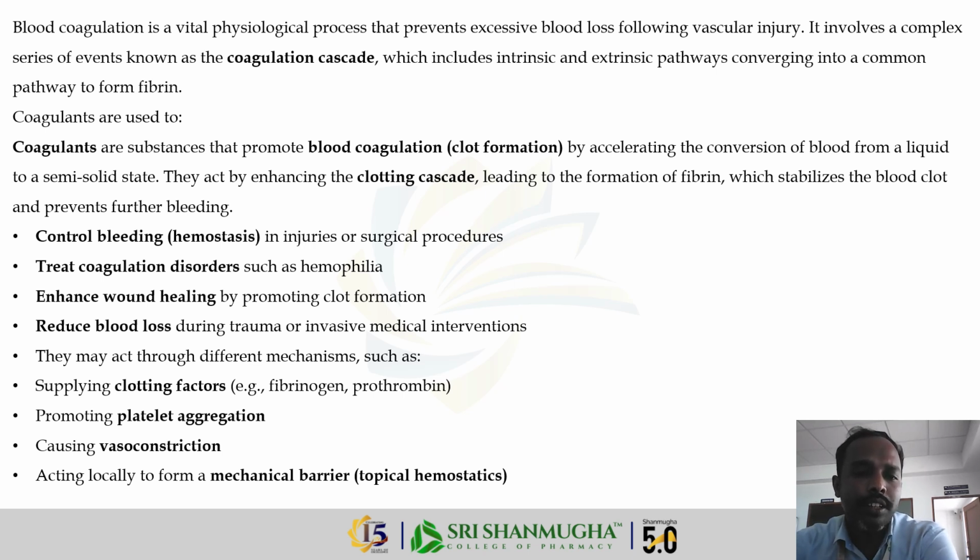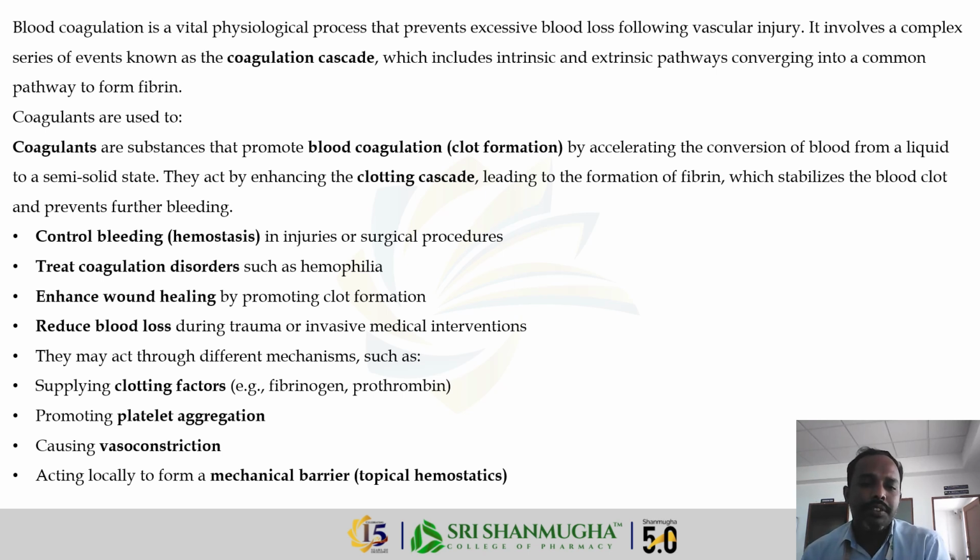The following are the uses of coagulants: they control bleeding, prevent hemostasis failure in injuries or surgical procedures, treat coagulation disorders such as hemophilia, enhance the wound healing process by promoting clot formation, and reduce blood loss during trauma or invasive medical interventions.